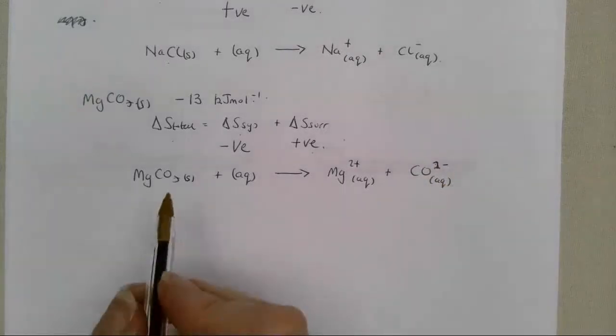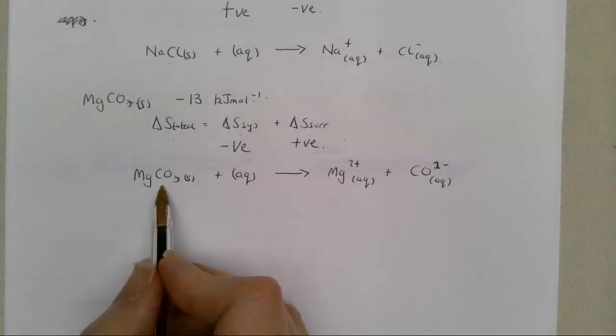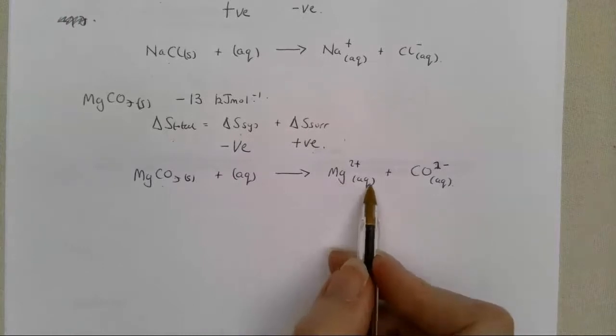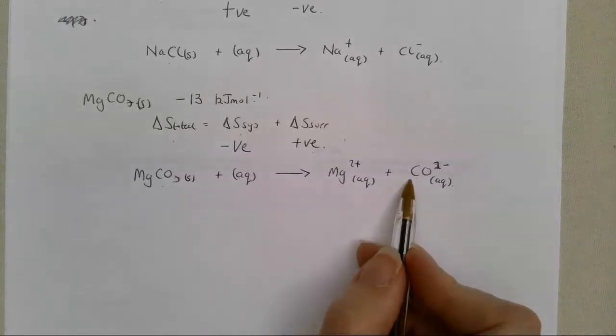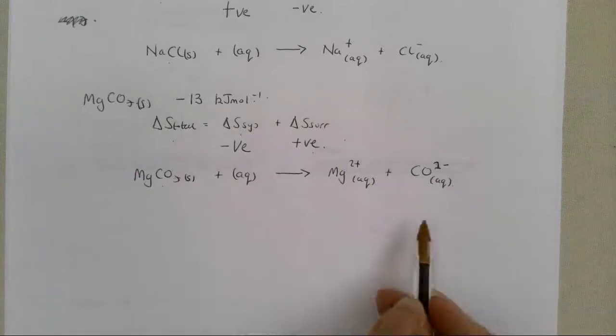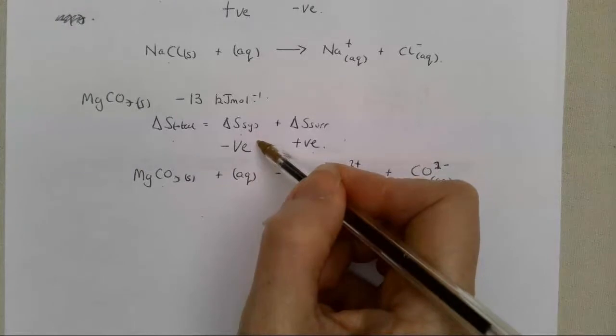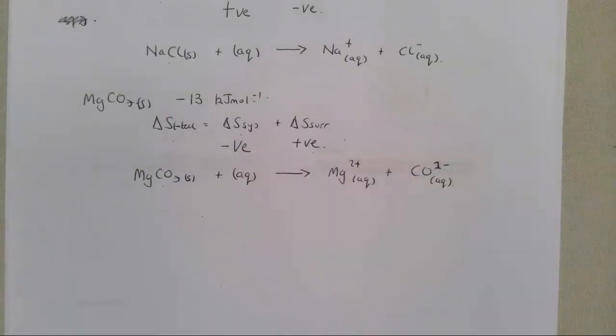Now the solid is going into the two aqueous ions, so there's definitely an increase in entropy there, so that gives me a positive entropy change. But yet overall the whole thing comes out as a negative entropy change. We need to consider why that is. The solid is going to two aqueous ions. That's definitely a positive change. But there's one thing we haven't considered, and that's what's happening to the water.